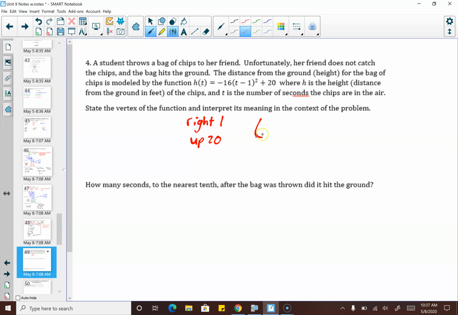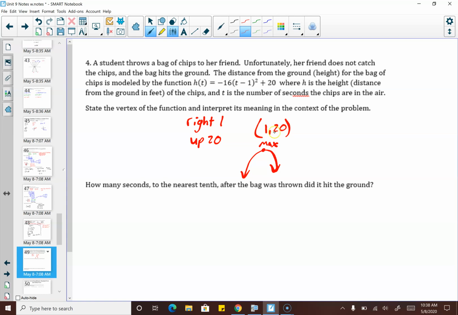So what does that tell us our vertex is? Our vertex is 1, 20. Now, if you think about it, when you throw chips in the air, or you throw something in the air, it has that concave down sort of fashion. You throw it up, it hits a maximum height, and then it comes back down. So our vertex here is going to be a maximum point.